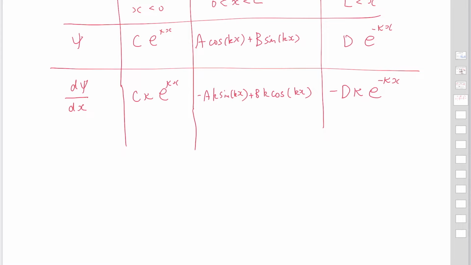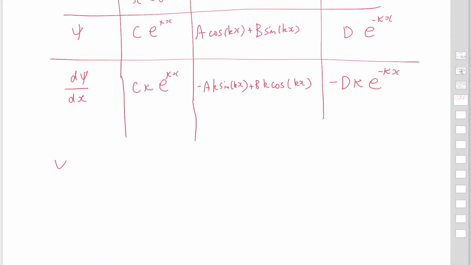So for the boundary condition at x equals 0, you can use these equations. You substitute x equals 0. From this equation, you can easily find c equals a.